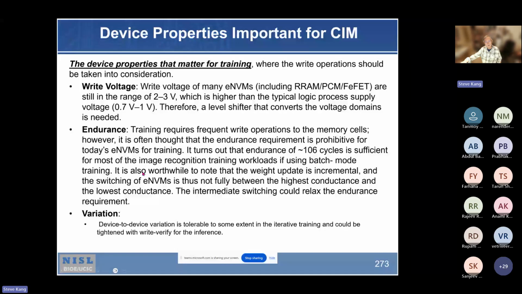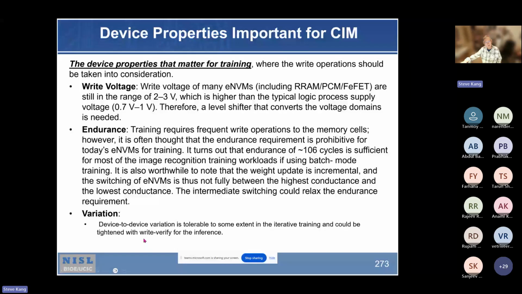It is also worthwhile to note that the weight update is incremental, so just add or subtract. The switching is thus not fully between the highest conductance and the lowest conductance. That helps. Device-to-device variation is tolerable to some extent if iterative training could be tightened with write-verify for inference.